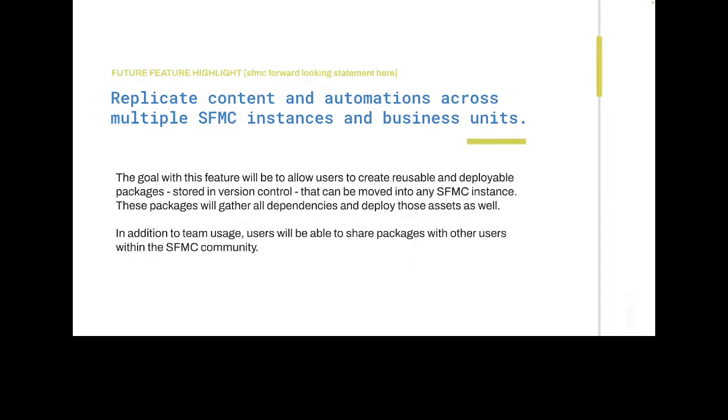The goal of this deployable package is not necessarily to replace what deployment manager or package manager is doing, but it's giving you some extended functionality where you can create an entire version controlled repository of recipes or packages that go in multiple different Marketing Cloud instances, and have a team set something up from zero in a matter of seconds, all from one centralized location, without having to understand, has this package been updated?